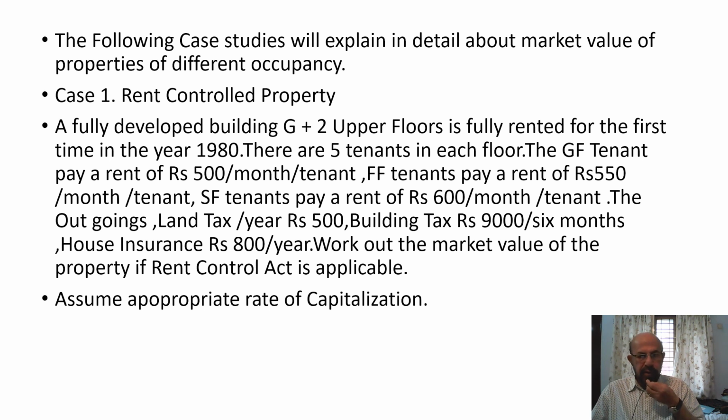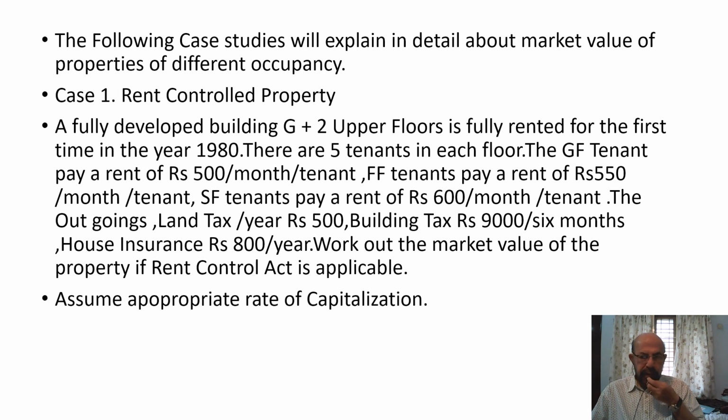A fully developed ground plus 2 upper floors is fully rented for the first time in the year 1980. There are 5 tenants on each floor. The ground floor tenants pay a rent of rupees 500 per month per tenant. First floor tenants pay a rent of rupees 550 per month per tenant.